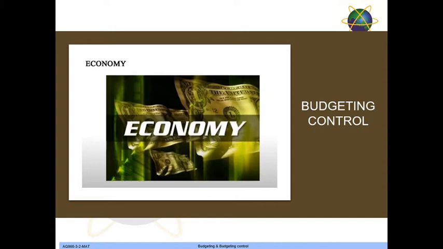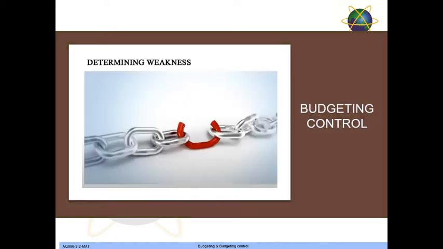So we go to economy. The planning of expenditure will be systematic and there will be economy in spending. Then we go to determining weaknesses, the deviation between budgeting and the actual performance. Then we will be able to determine the weak spots. Of course, when we have a budget, that is the main point of budgeting. When you do budgeting and then compare with the actual result, then we can determine our weaknesses, why the actual will be higher.